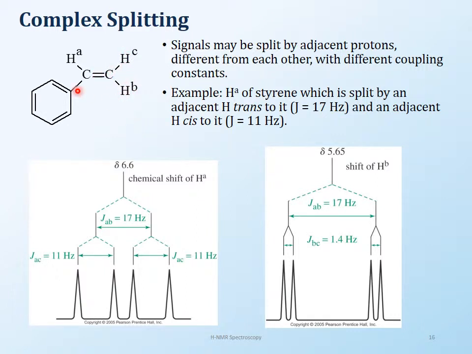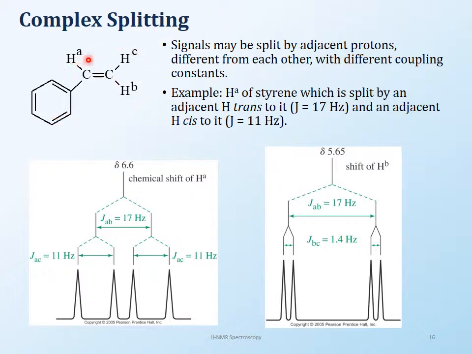But because of this phenyl ring, and also because this is a double bond and you cannot rotate the double bond, these two protons have different environments. So B is in a different environment and C is in a different environment, which means that you will technically see about 4 signals for styrene: A, B, C, and then of course the phenyl protons. Each of them will have their own splitting.